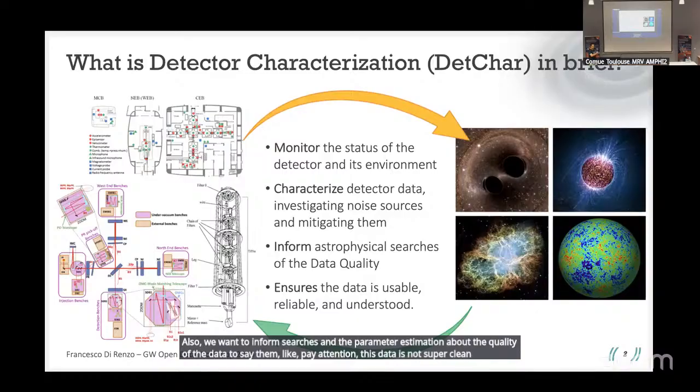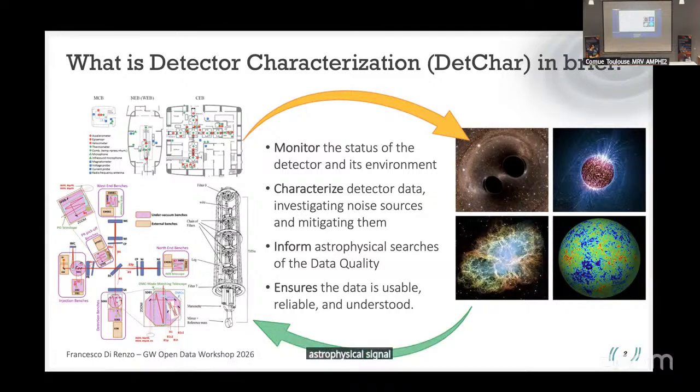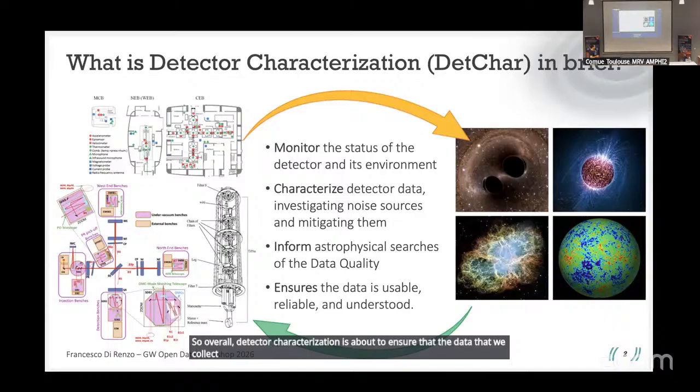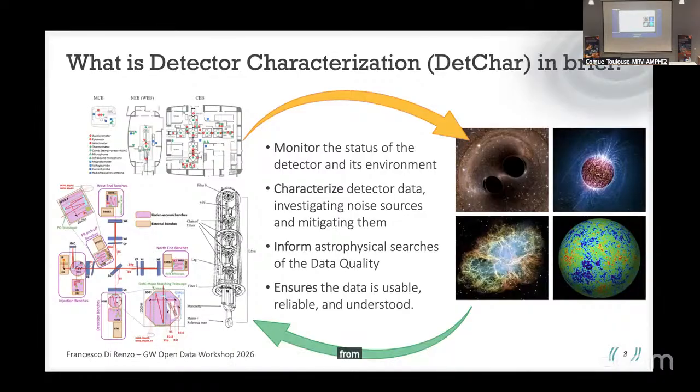You can be misled to consider this excess energy as an astrophysical signal, while it is not. So overall, detector characterization is about ensuring that the data that we collect with our detector is usable, reliable, and most of all, that our detectors are understood.